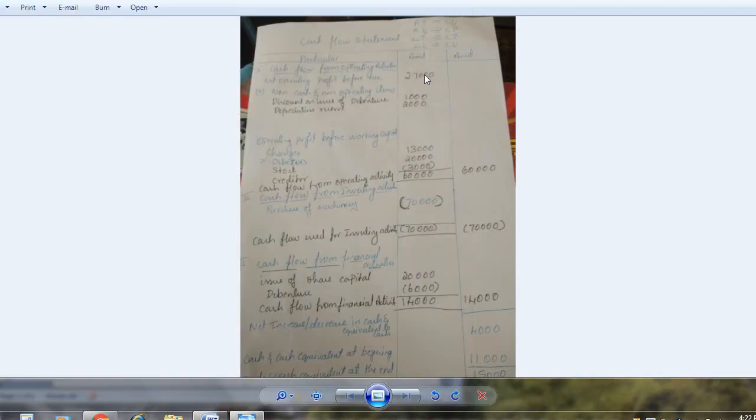Now we will work through them one by one. First, cash flow from operating activity. Net profit was 27,000. Non-operating items: discount on issue of debenture 1,000, depreciation 2,000. Next, operating profit before working capital changes.